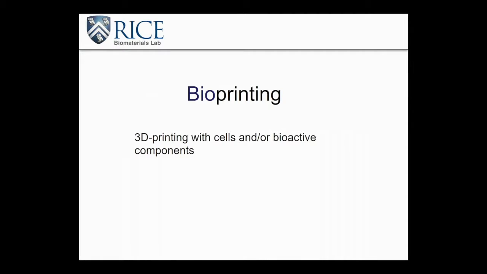So just to be on the same page with our definitions, bioprinting, as I refer to it, is going to be 3D printing with cells and/or active components. Anytime we've moved beyond just 3D printing an inert scaffold, or an object to be used just as a surgical pre-planning model, I'm going to refer to that as bioprinting.